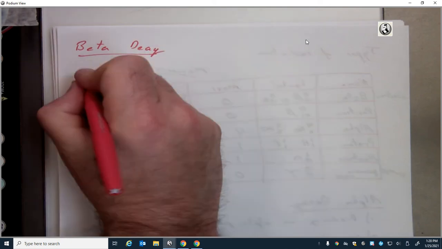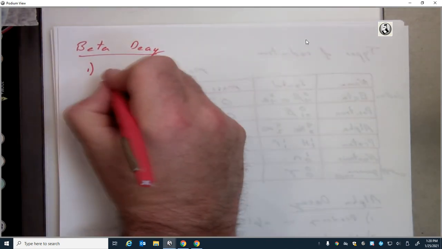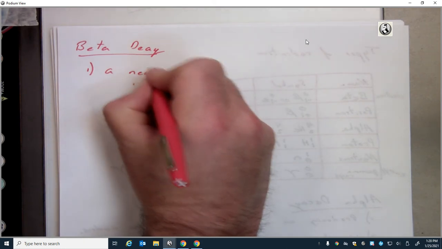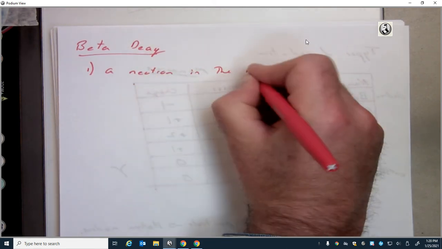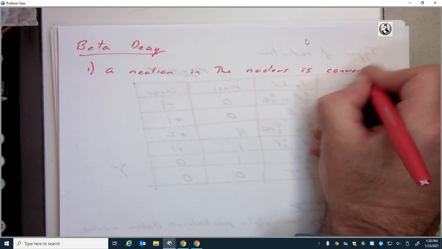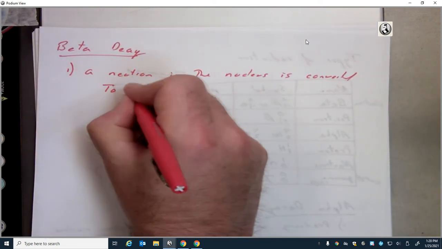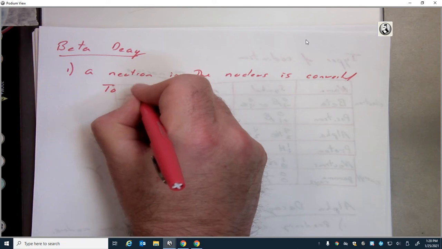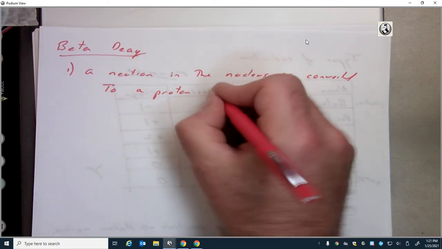So this is when a neutron in the nucleus is converted to a proton and a beta particle.